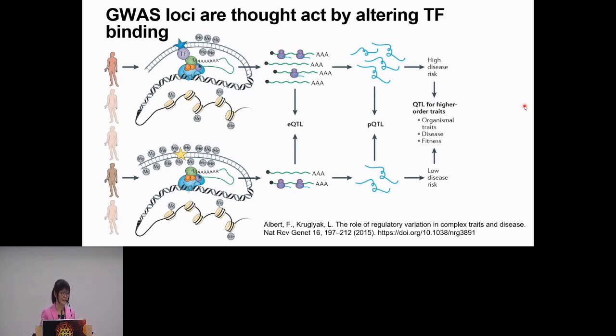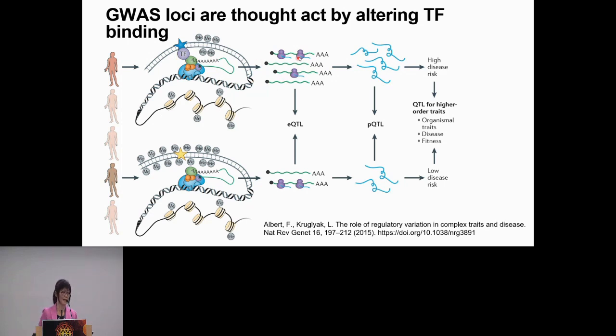The general consensus is that GWAS loci affect their phenotype through maybe altering transcription factor binding that will alter downstream gene expression. This is from a review paper from Frank Albert and others, where they show in this example that the person with the blue allele allows this transcription factor to bind very easily.